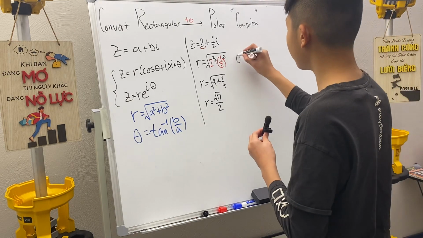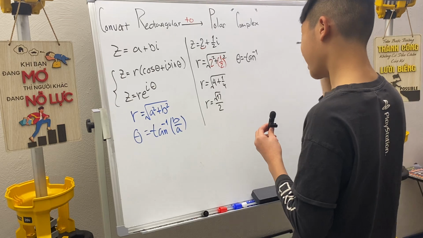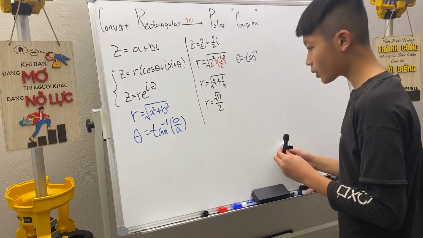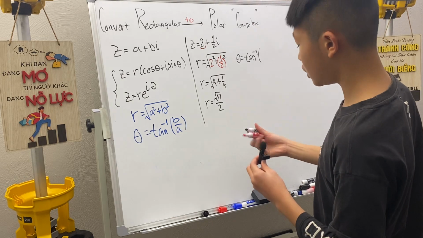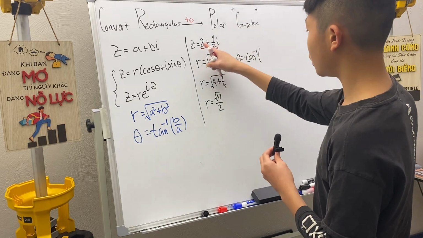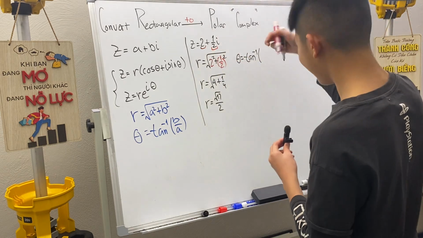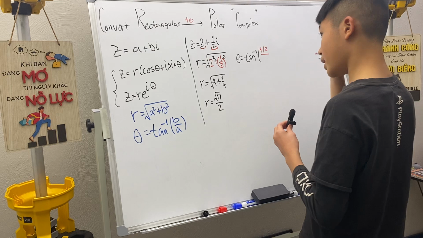The angle is the inverse tangent of b, which is 1 half, over a, which is 2.